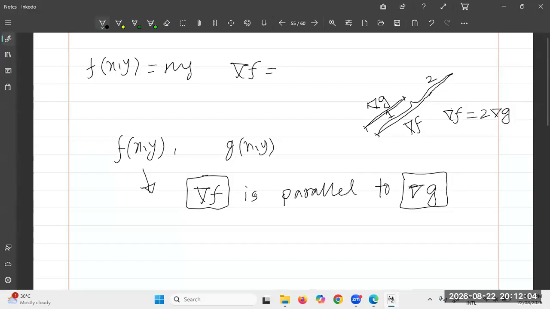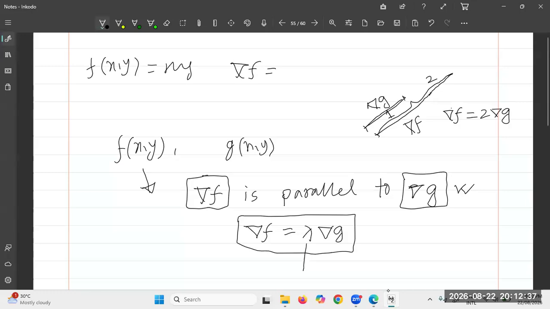So according to the theorem, gradient of f is parallel to the gradient of z. For writing this equation, we need to multiply one of them by a quantity that equates the magnitudes also. Since the theorem says these two vectors are parallel, by this equation we can say they are parallel and the magnitudes are the same.